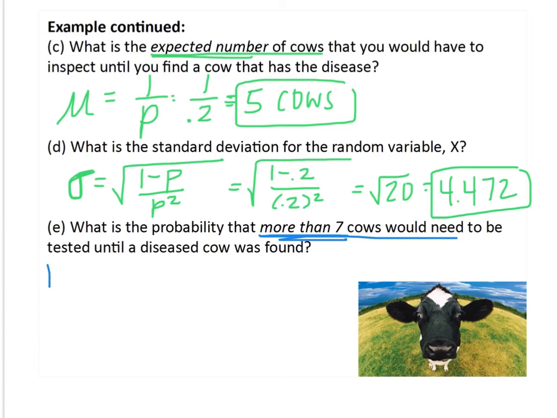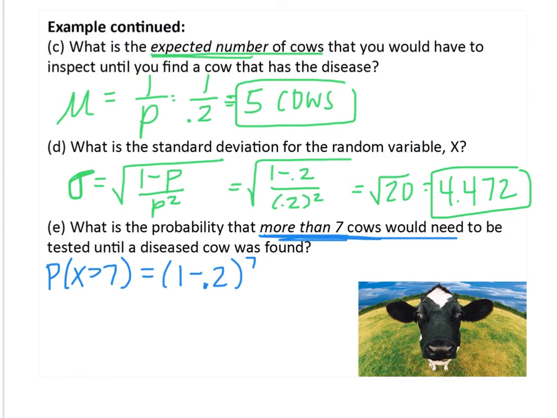The probability that X is greater than 7, or it takes more than 7 cows, just means that I fail, or I don't find an infected cow, on my first 7. So failing is 1 minus the probability of a success, raised to the 7th power.